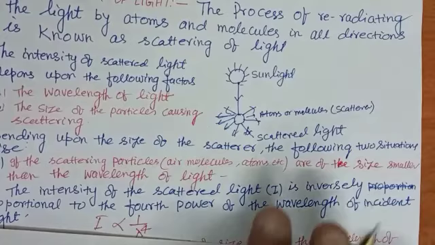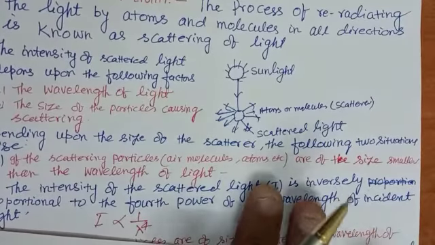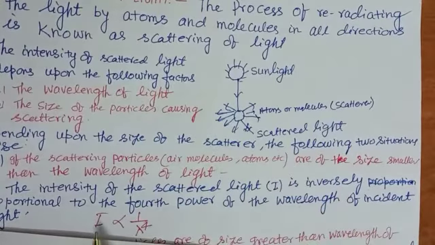It means the more the wavelength, the less the intensity of scattered light. That is why this formula is very important, because the intensity of scattered light is more if the wavelength is less, and less if the wavelength is more.